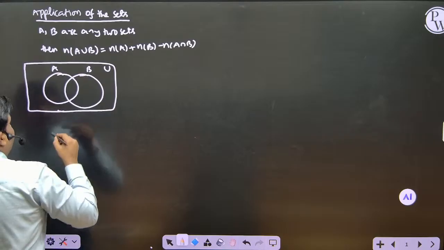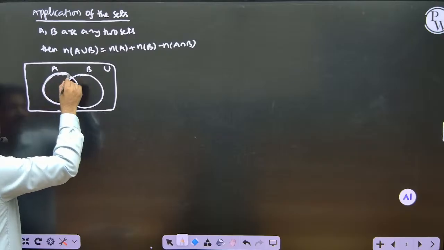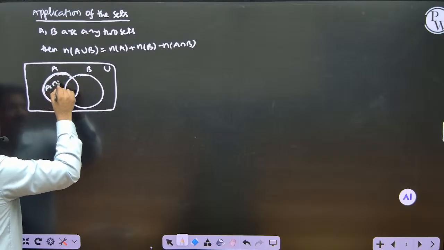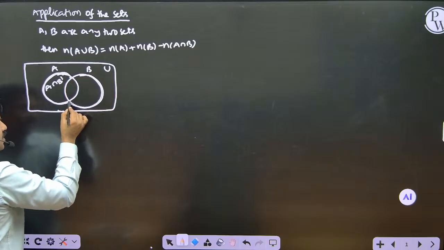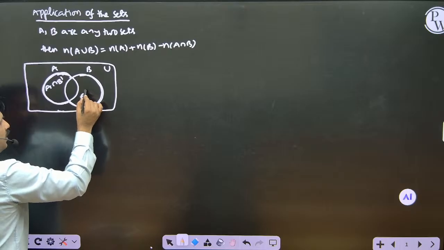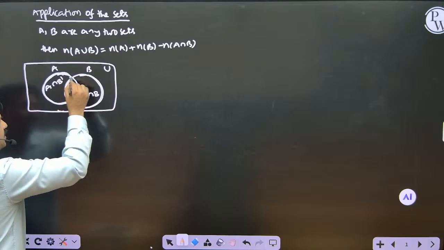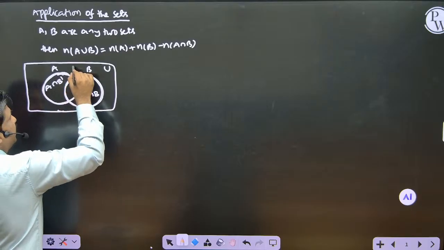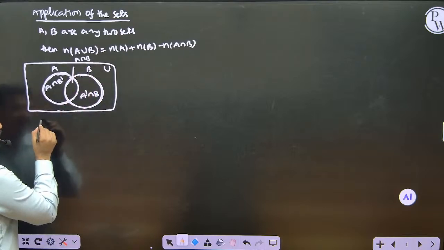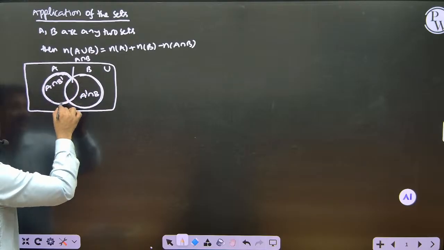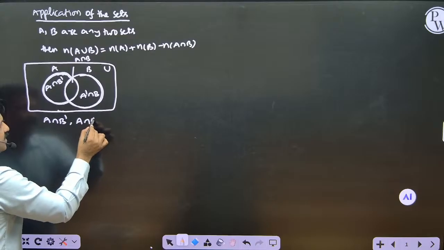Only this particular part is used for A but not B. This part is used for not A but B. And this common part of the two sets is used for A intersection B.